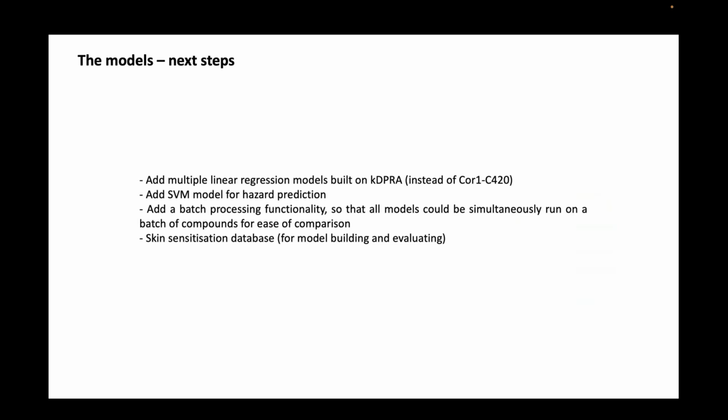We also want to add a support vector machine model for hazard prediction, as it has somewhat higher accuracy than the 2 out of 3 approach. And we also want to extend it with batch processing functionality, because it will allow us, for example, to easily compare all these models on a set of compounds.